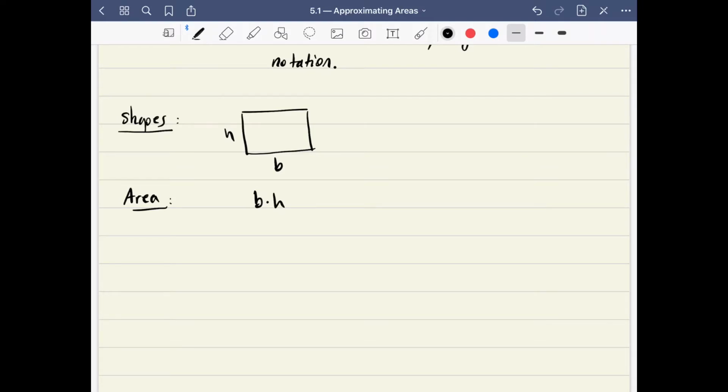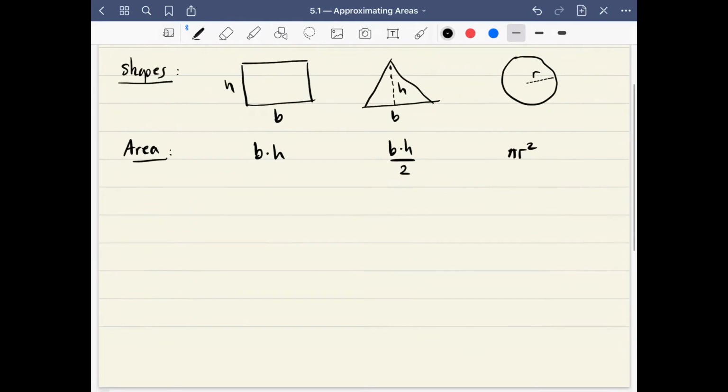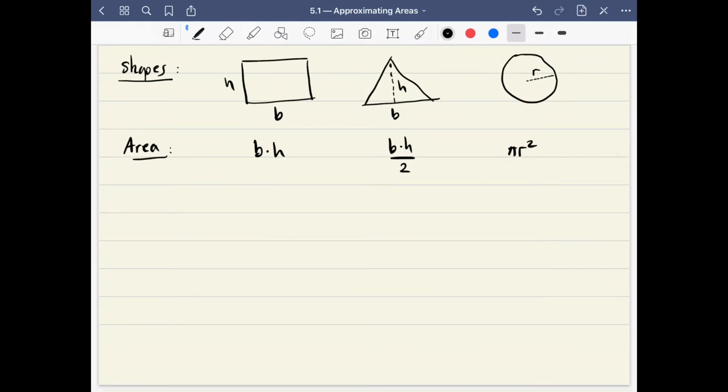And if you have a triangle, with base b and height h, the area is base times height over 2. And if you have, for example, a circle of radius r, then the area is pi r squared, and so on. So if you have some very easy shapes, then you can find the area of these shapes very easily. Now, what if you have the following scenario?